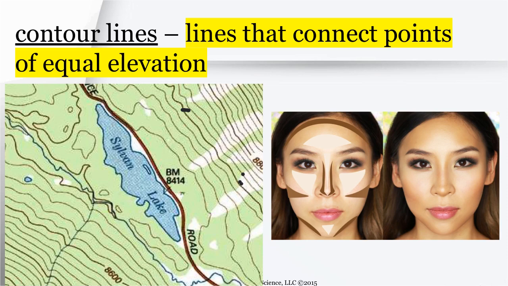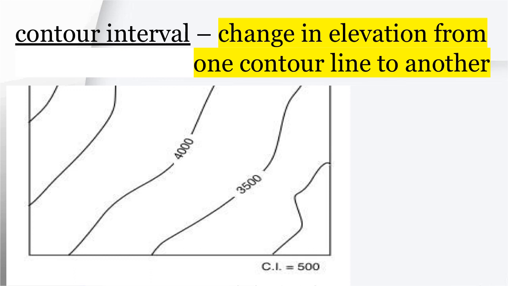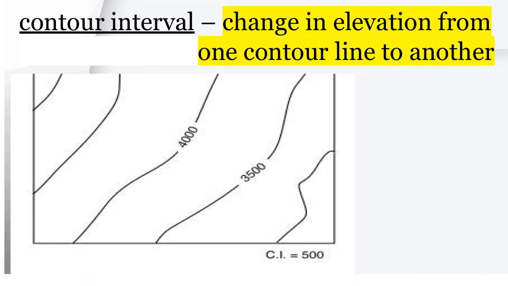A lot of topographic maps will tell you what the contour interval is. On this particular map, they show you the contour interval right down here. It says CI equals 500. That's the contour interval, which is the change in elevation from one contour line to another.